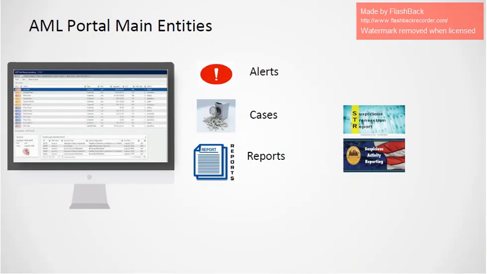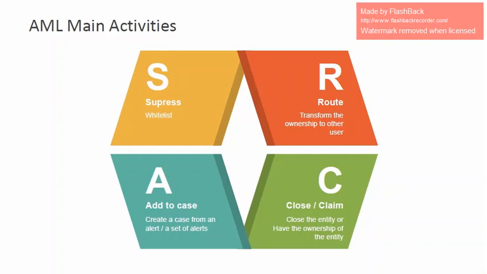All right. So the main activities: what can we do to the entities? For example, if we have an alert or a case or a report, what can we do for this entity? We can suppress, and we suppress whenever we find that it was a false positive situation. Okay, we suppress, that means we whitelist this entity, or we say the customer who made this transaction is not suspected, so no need to generate notifications for this customer for a certain period.